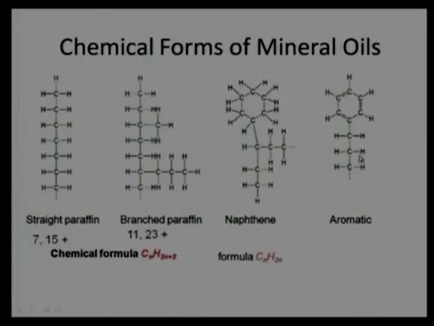Coming to the aromatic, what we find are the unsaturated bonds. These bonds are unsaturated, can react easily with other agents, other chemical forms. So, aromatics are least preferred compared to the paraffinic and naphthenic.